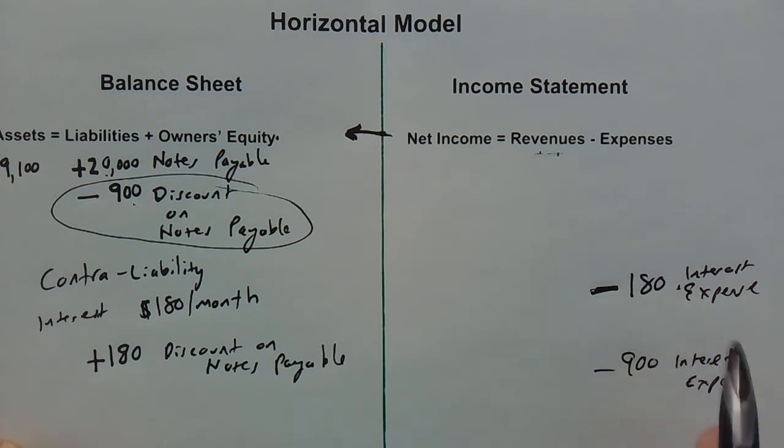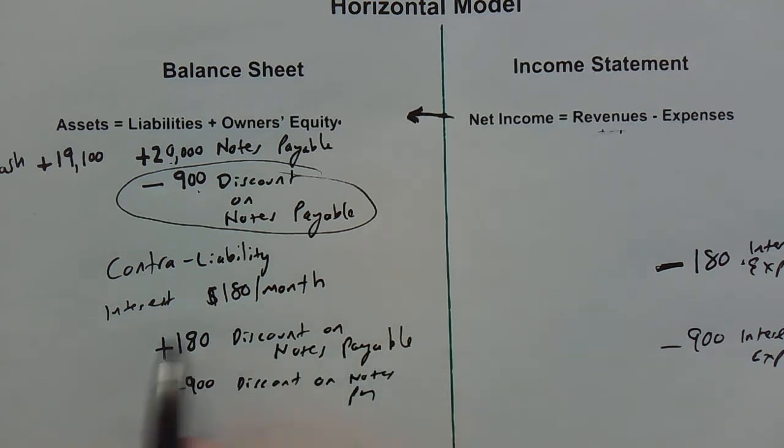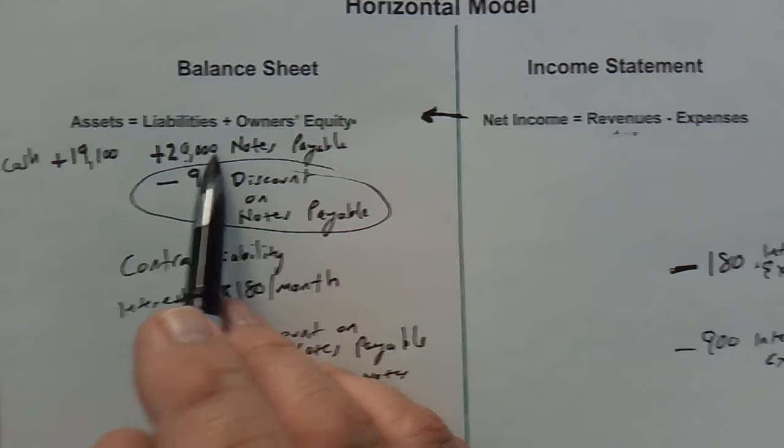So we would add up this, and then over here we've added a total of $900 to the discount on notes payable. So that's completely gone now. So all that's left is the $20,000 here.